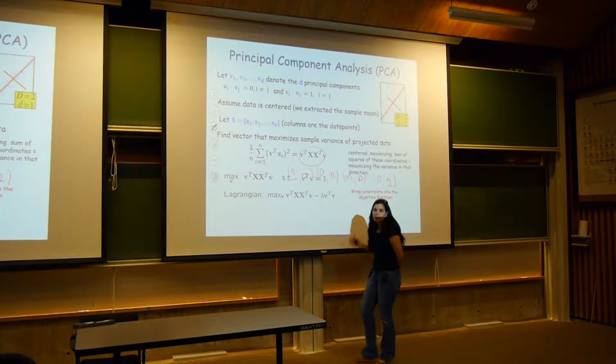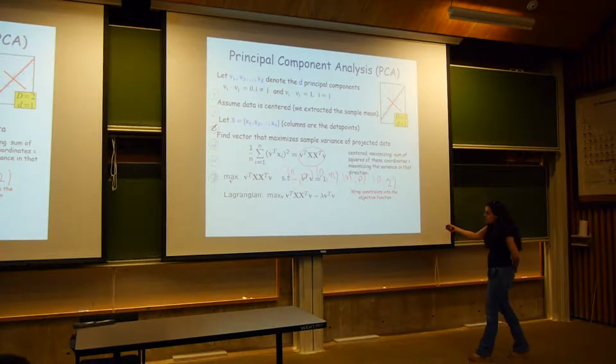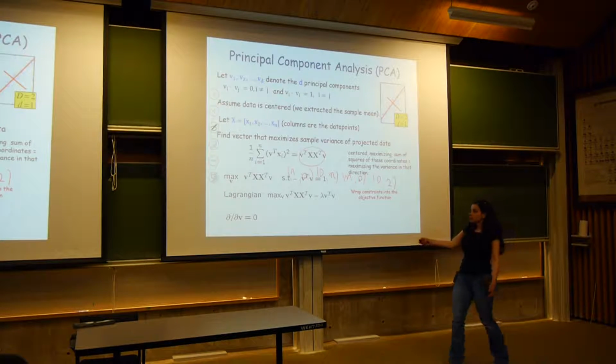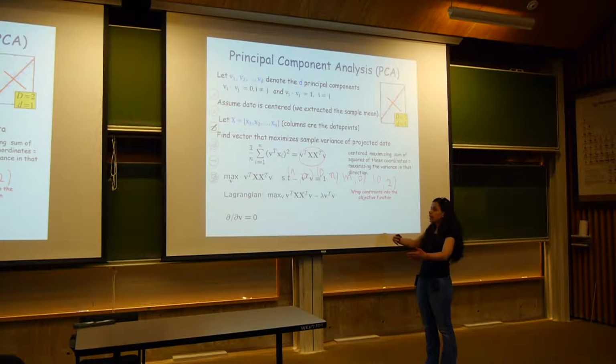So I wrap up the constraints into the objective function, and now I need to make sure that the gradient in the direction of V is zero when I want to maximize this function, this Lagrangian. Any vector V that maximizes the Lagrangian must satisfy the property that the gradient in the direction of V is set to 0, right?